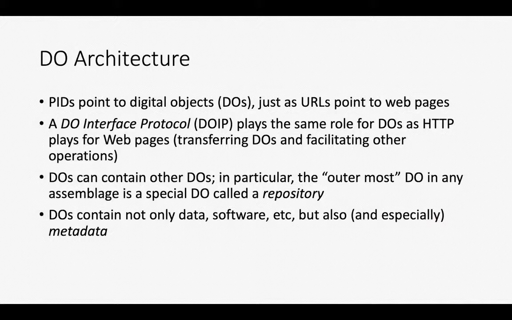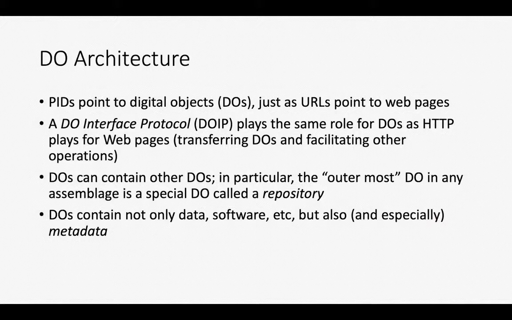If you think of the GET, PUT, and various HTTP protocol operations that all of HTTP works off of, basically the DOIP is something similar with, in fact, some very similar operations such as get, delete, and there are other ones, I think, something that lists the operations that you can actually do.